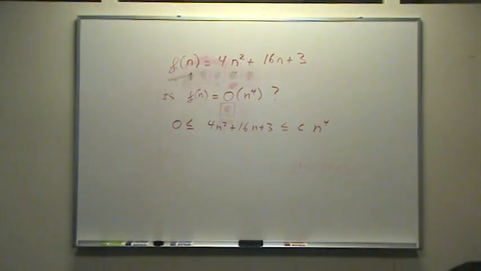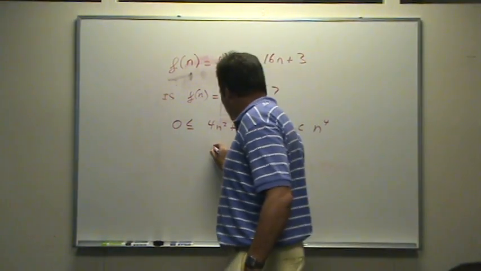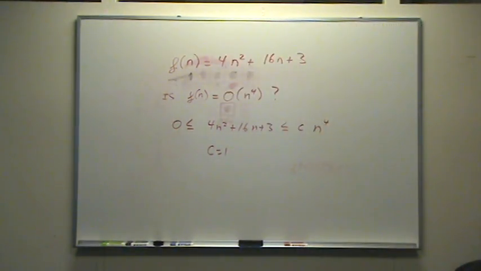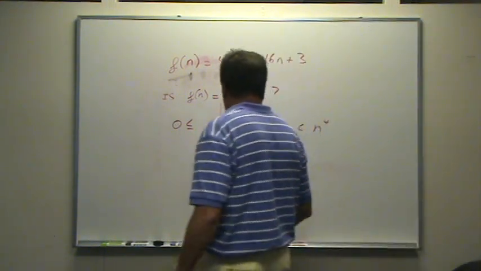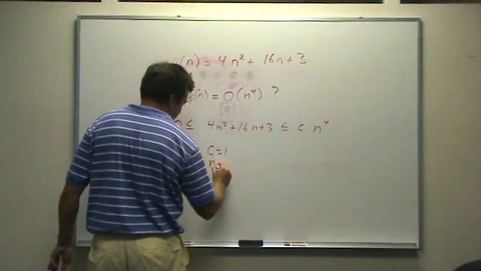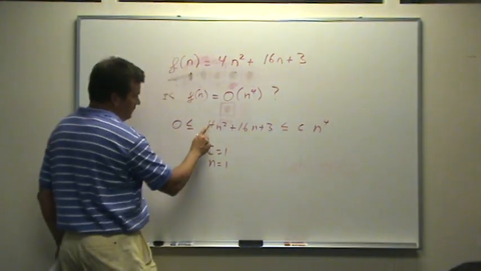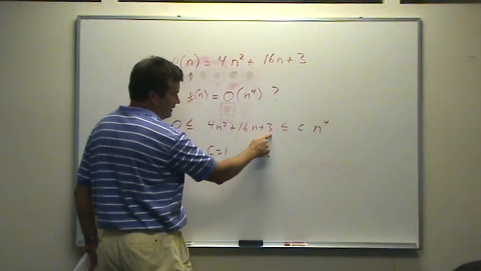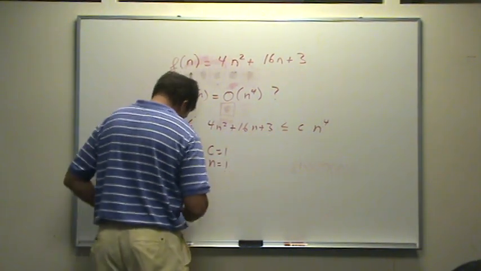Now, let's say we decided to let the constant be 1. Is this true all the time? No, right? Because if n is equal to 1, what happens? 4 times 1 plus 16 times 1 is 20, plus 3 is 23.